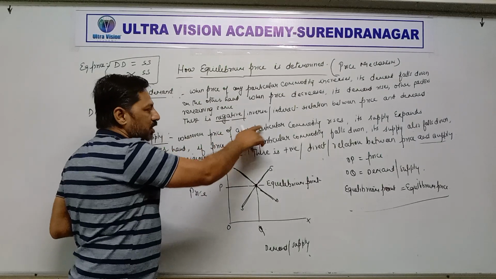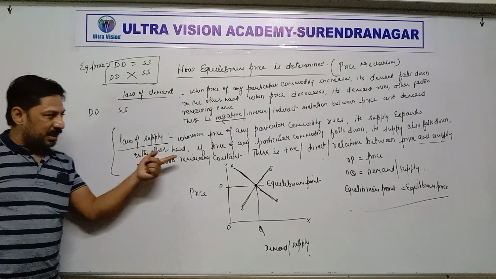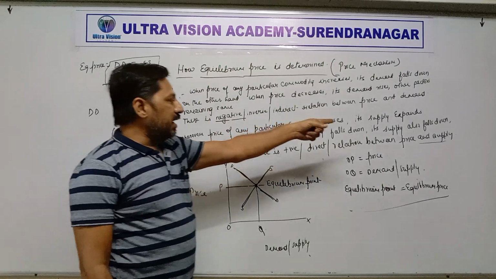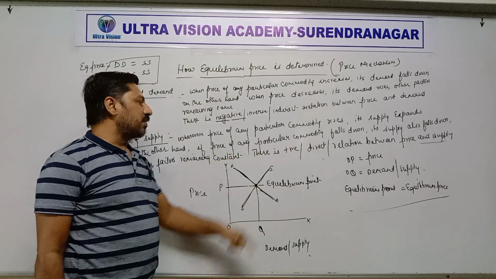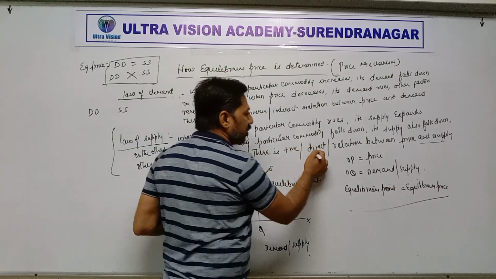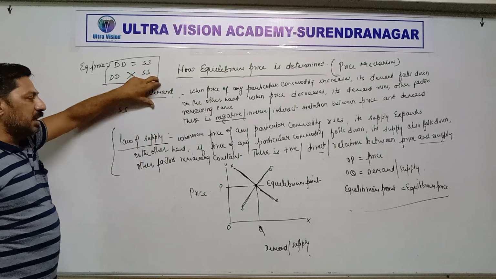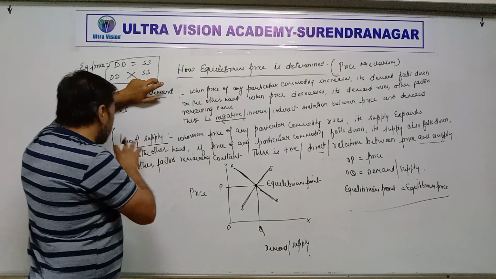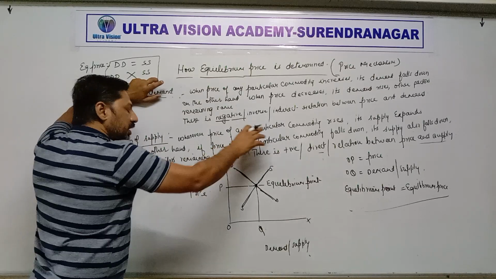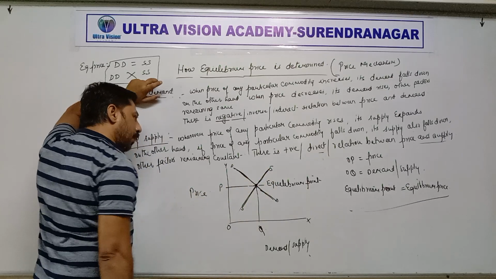Whenever the price of any particular commodity rises, its supply expands. On the other hand, whenever the price decreases, its supply also decreases or contracts. It means there is a positive or direct relation between price and supply. In case of the law of demand, there is a negative relation, that's why the demand curve is sloping downward, and in case of the law of supply, there is a positive relation, that's why the supply curve is sloping upward.